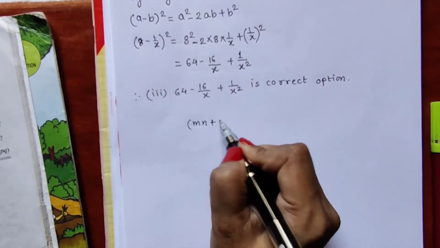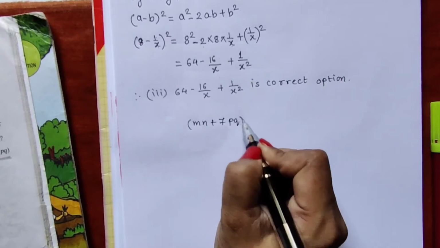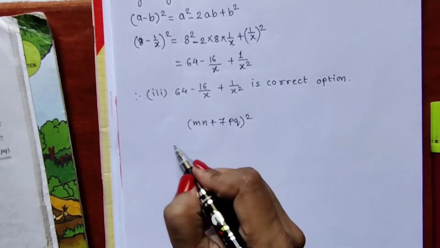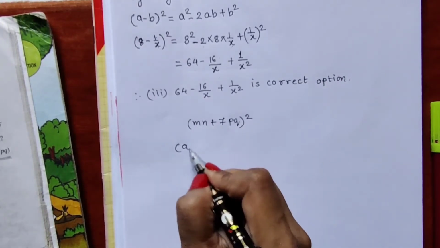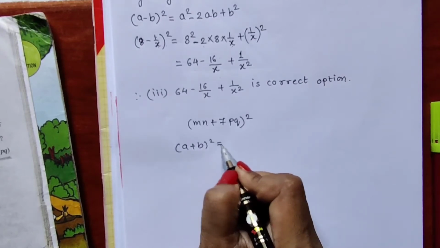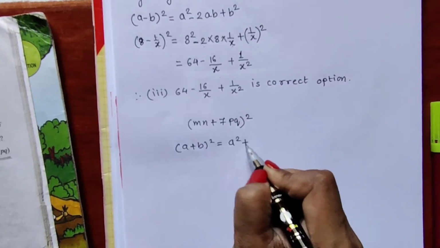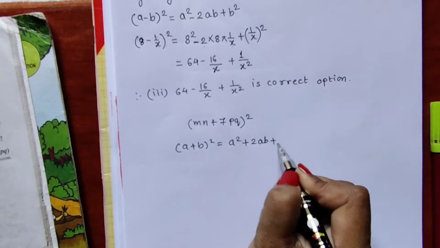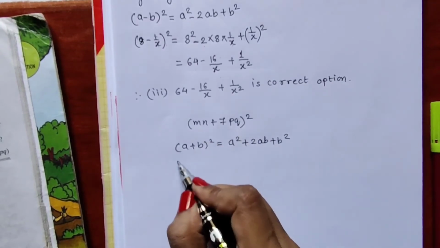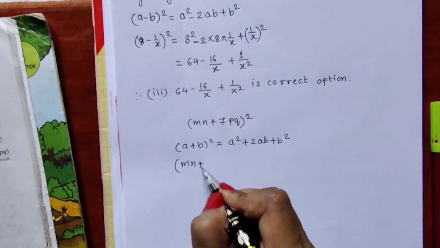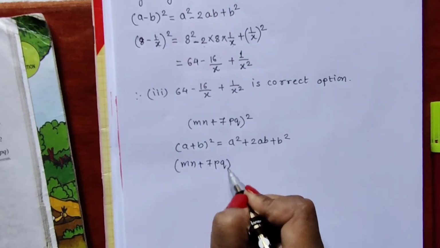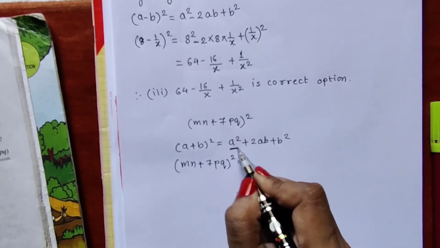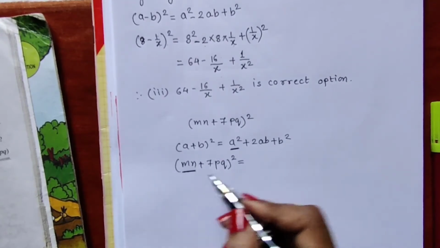mn plus 7pq whole square. We will apply the formula a plus b whole square is equal to a square plus 2ab plus b square. Now we will apply this formula to mn plus 7pq whole square. So a square means first term square, first term is mn.